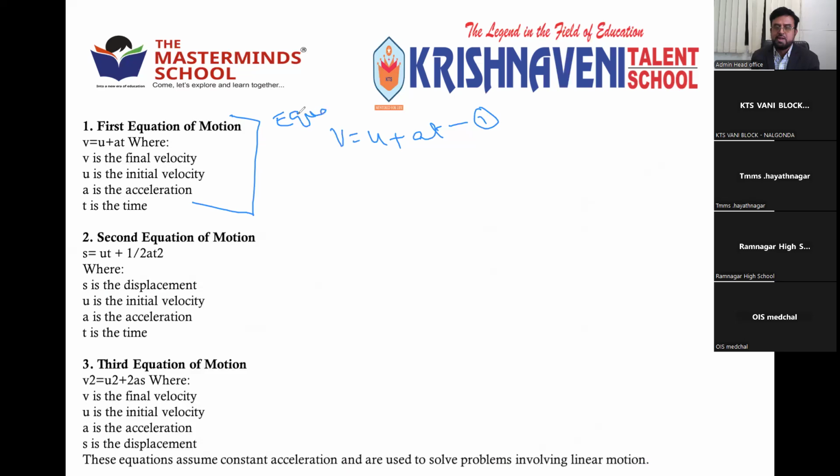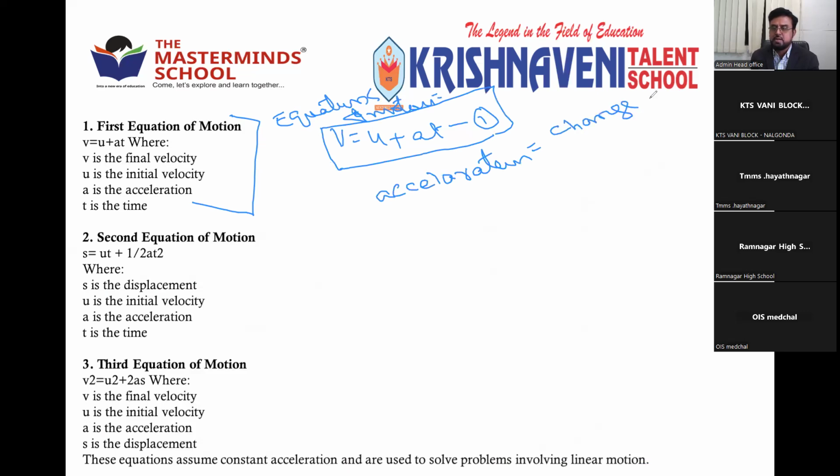Very important, I'll tell you the derivation for you to note down. How did you get this equation? We got this from the definition of acceleration. What is acceleration? Rate of change of velocity, that is change in velocity by time.